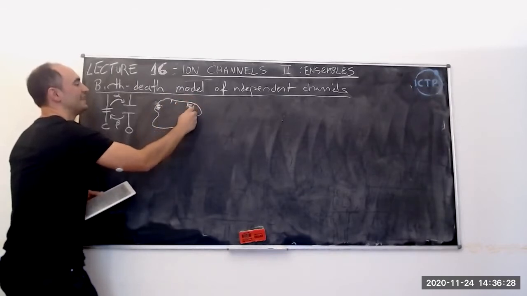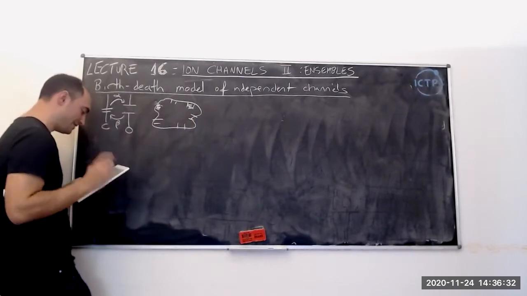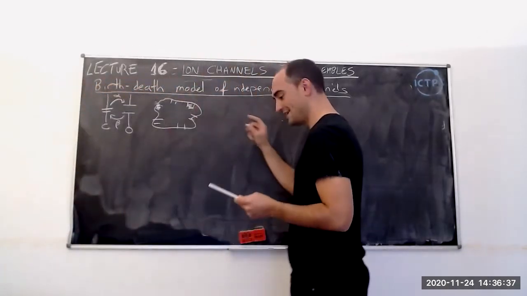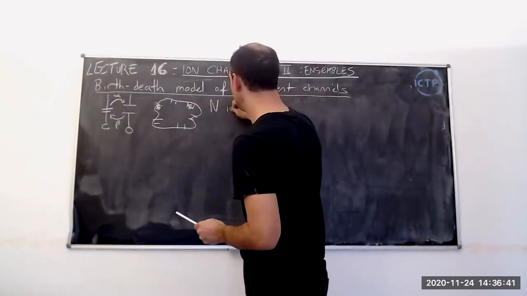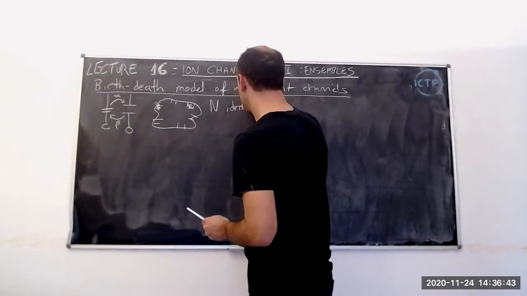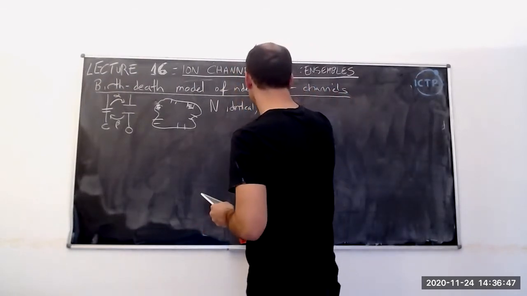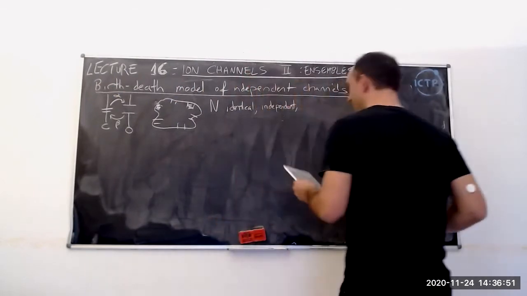The distribution is stochastic. So the only thing I will say is that we have a cell which has n identical and independent two-state ion channels.